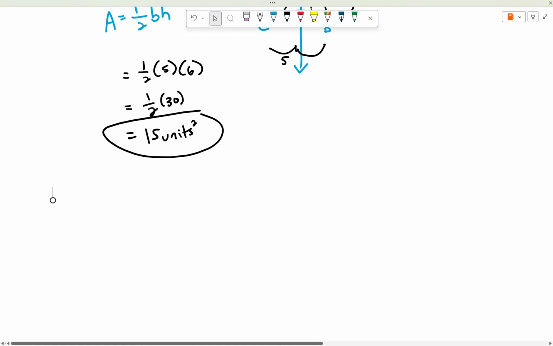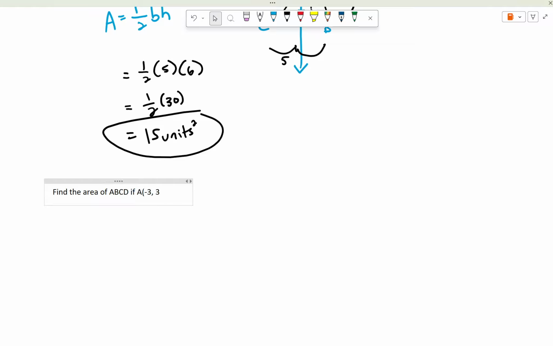Last problem we have here, we're going to find the area of quadrilateral ABCD. If A is -3, 3, B is 3, 3, C is 3, -1, and D is -3, -1. All right.